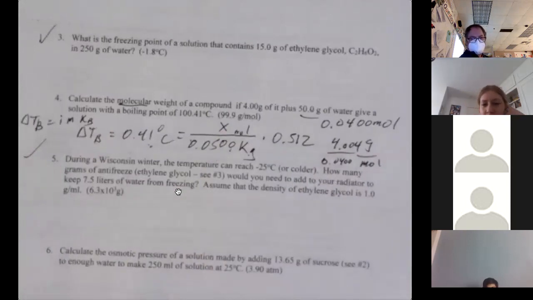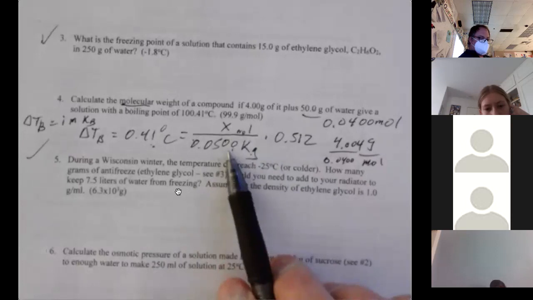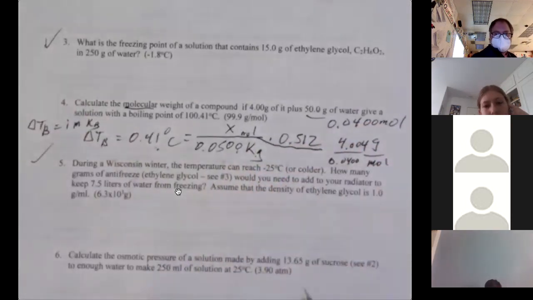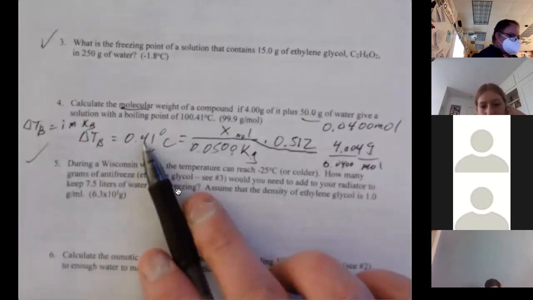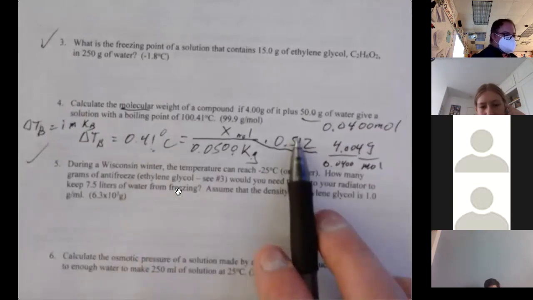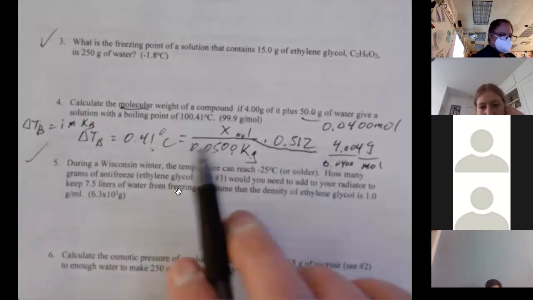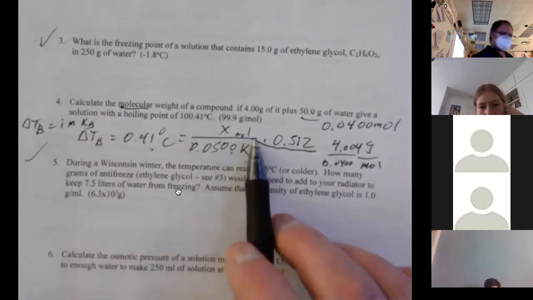I just don't understand why you multiplied 0.41 times 0.152 and then divided by 0.05. So if this is X, this is on the bottom of this side, so I want to multiply both sides by 0.05. And since this is on the top of this side, I want to divide both sides by 0.512 to solve for X, right? Maybe I can write this out better.